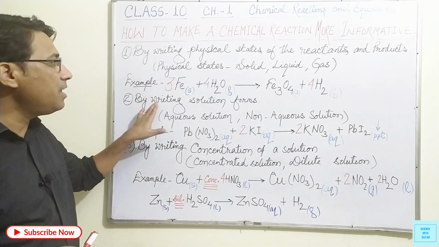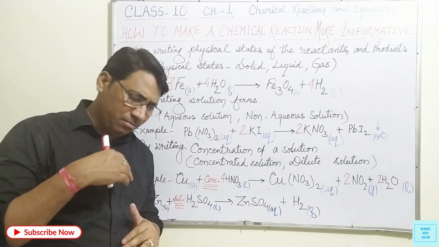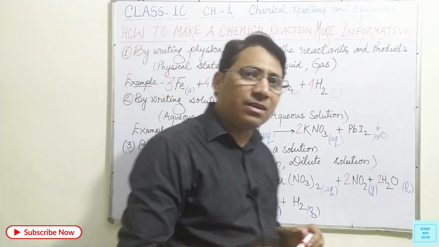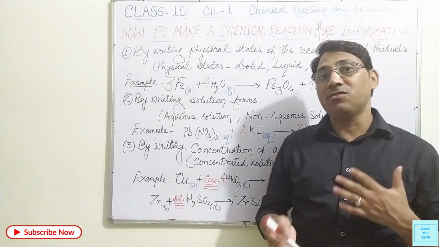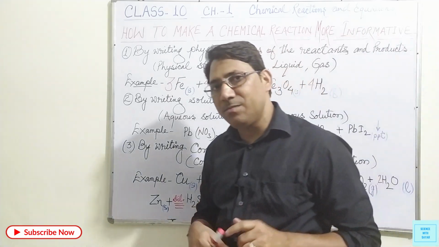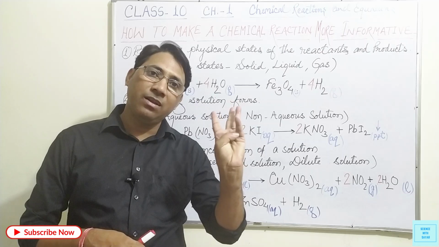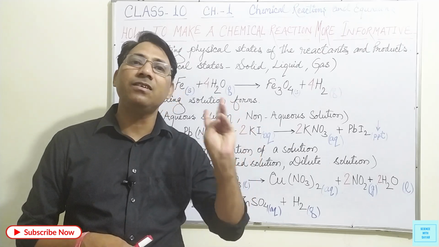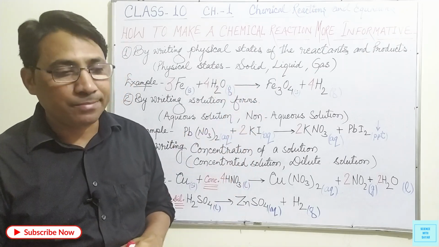Second, by writing solution forms, we can represent in which form the reactant or product is, as in soluble form, solution form. We studied before that in a solution two things are there: one is the solvent and the second is the solute. Both make a solution.